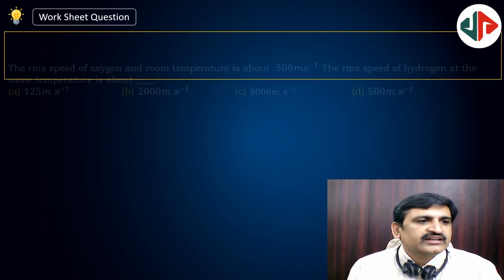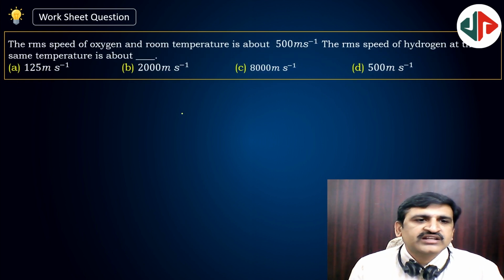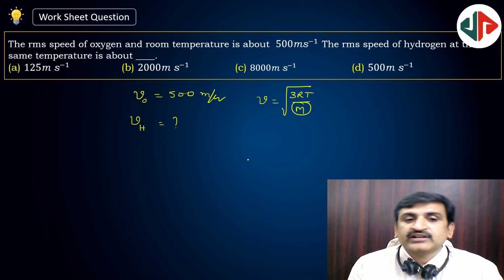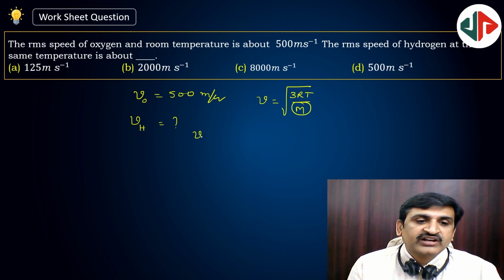Yes. Next, the RMS speed of oxygen at room temperature is about 500 meters per second. And the RMS velocity of hydrogen at the same temperature is equal to? In this question you can use the RMS velocity formula, V equal to root over 3RT by M. So it depends upon gram molecular mass. So V of hydrogen by V of oxygen is root over the oxygen mass by the hydrogen mass.